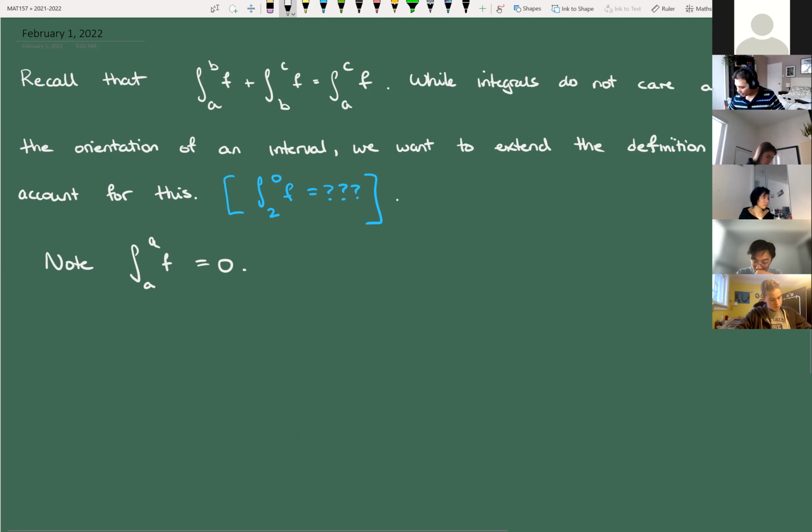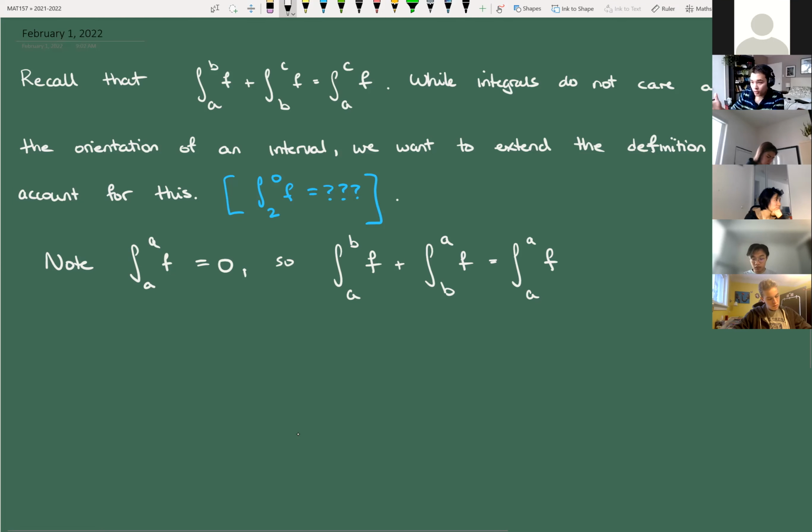So what that should say then, if we demand that additivity of domain must still be true, then if I flip the bounds, that should be equal to this thing, right? So basically what we're saying is if the orientation of the domain does matter, then when I integrate from A to B and then integrate from B back to A, nothing should happen, and I just get 0.